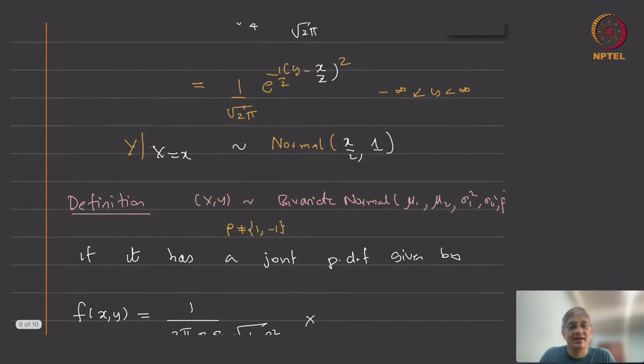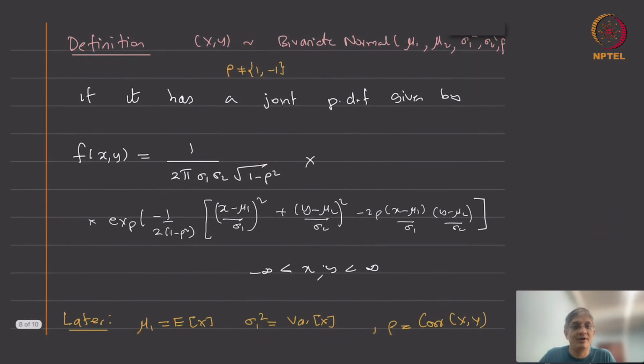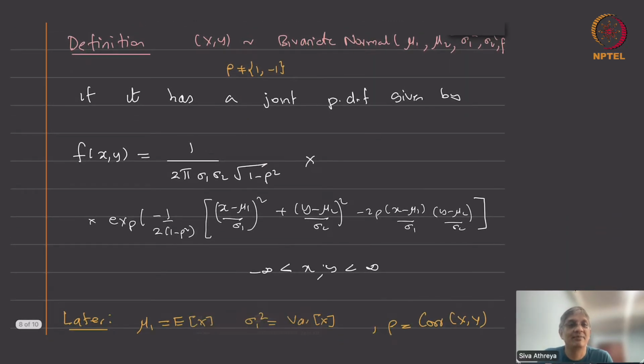In general, you define a bivariate normal random variable in this fashion. X and Y have bivariate normal density with parameters mu1, mu2, sigma 1 squared, sigma 2 squared, and rho, if they have the following joint density given by this expression.